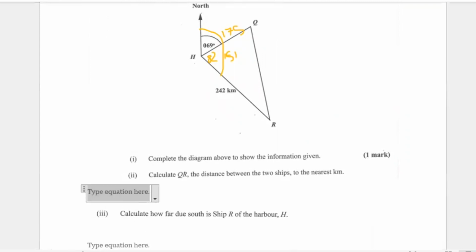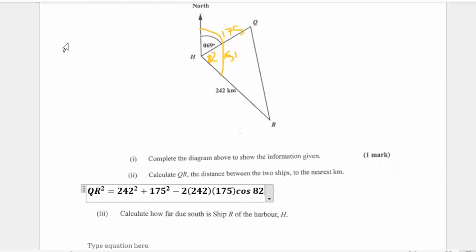So we're looking at QR, so it is QR square is equal to the square of the other two sides. So we're looking at 242 square plus 175 square minus 2 multiplied by 242 multiplied by 175 multiplied by cos 82. So remember it is the cos that is opposite this.